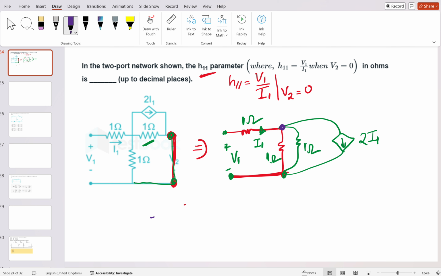Okay, 0.5. That is actually correct. Okay, let me give the solution for this.